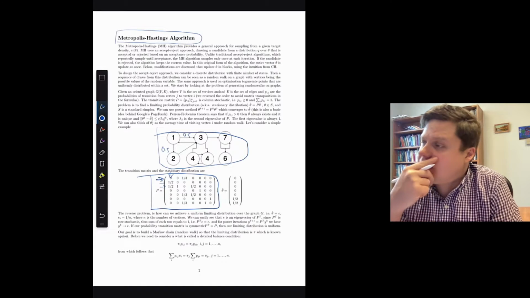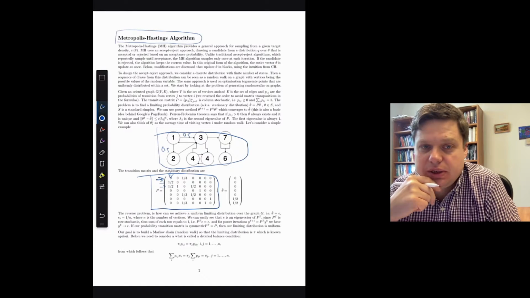And now what we're interested in is what is called the stationary probability distribution of a graph.